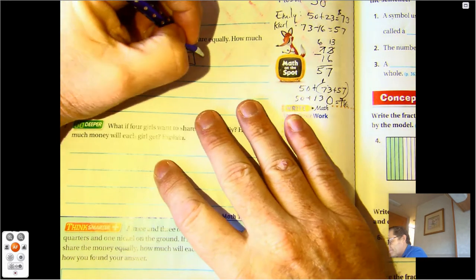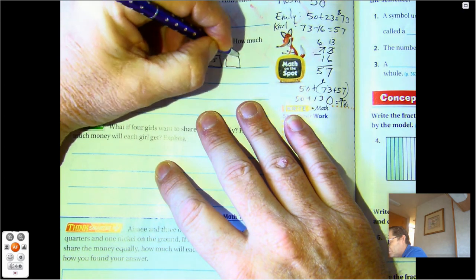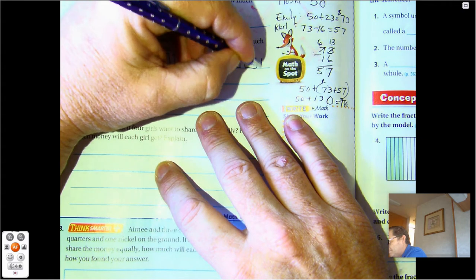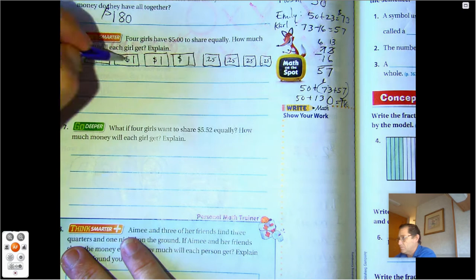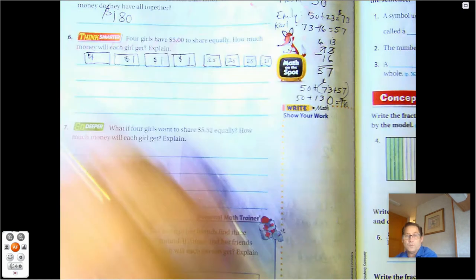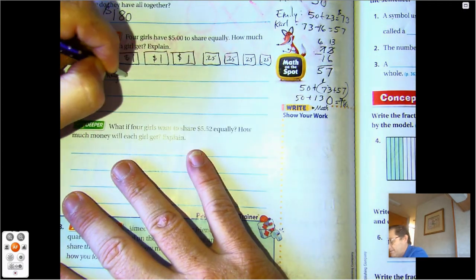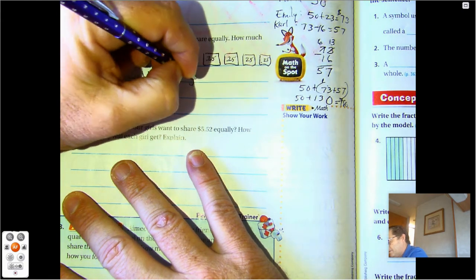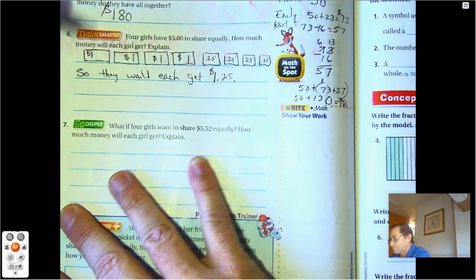And then it takes 4 quarters to equal a dollar. So couldn't we have 4 quarters? So each girl would get a dollar and a quarter. So they would each get $1.25.